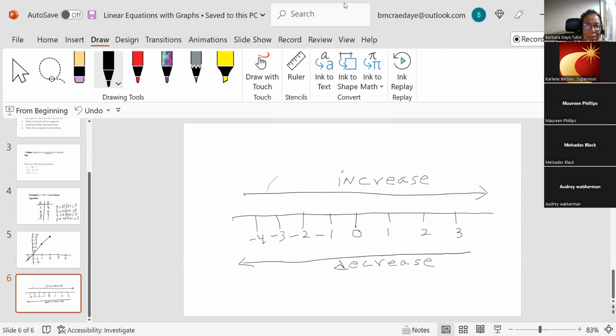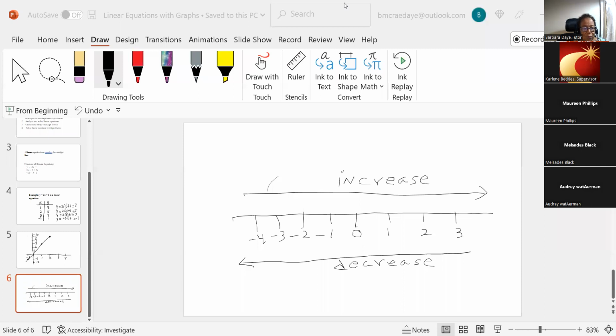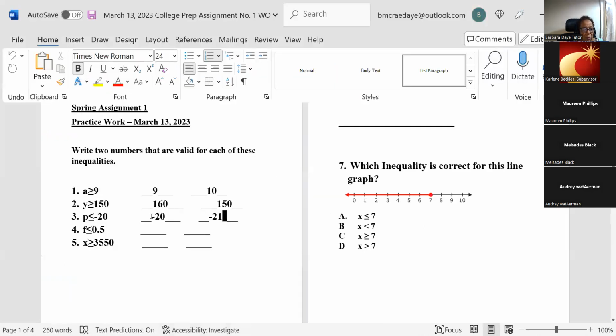Let me go back to our assignment. So less than or equal to -20 would be like -20, -25, -30, etc. Now, what about less than 0.5, less than 5/10? What did you put?